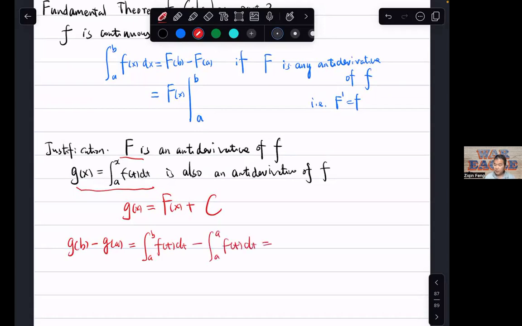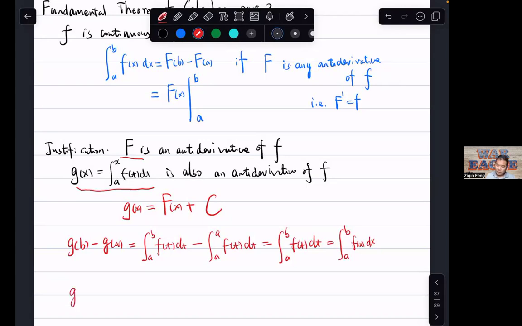And the second term is 0 because the lower bound equals the upper bound. So we have the integral from a to b of f of t dt, which is the same as the integral from a to b of f of x dx, because as we mentioned, the variable name in an integral is a dummy variable. You can replace it with anything you want.